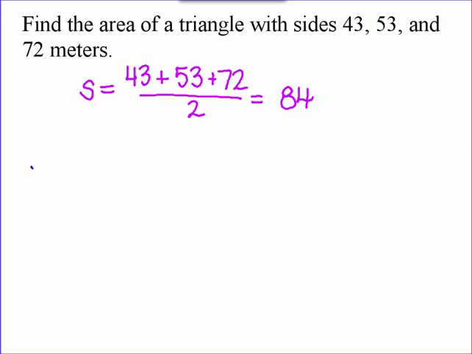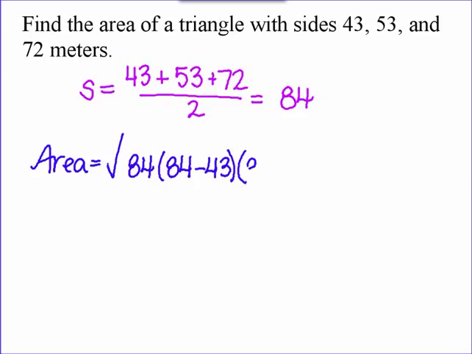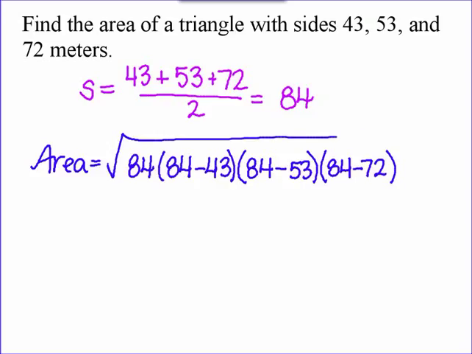Now to find the area, you're going to take the square root of the semi-perimeter, times the semi-perimeter minus each of the sides.